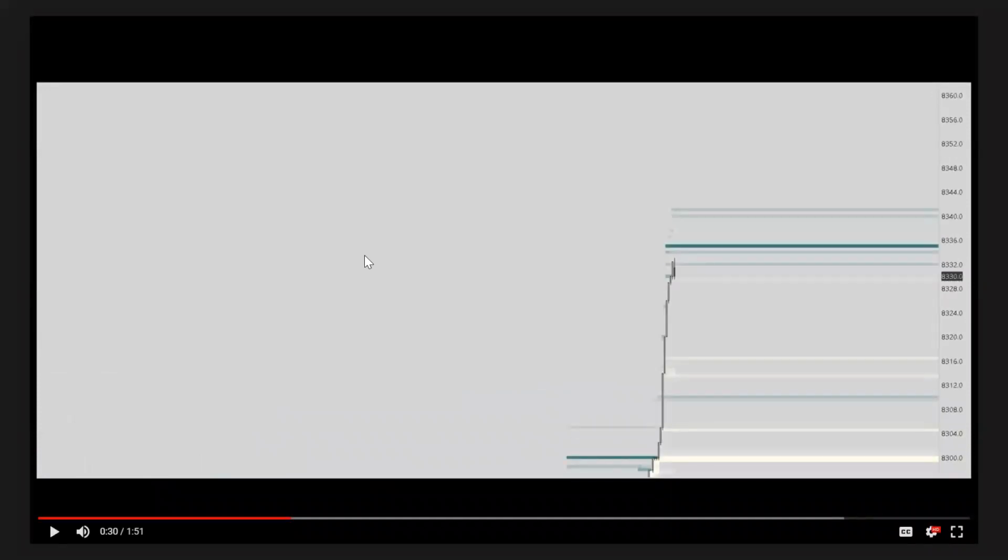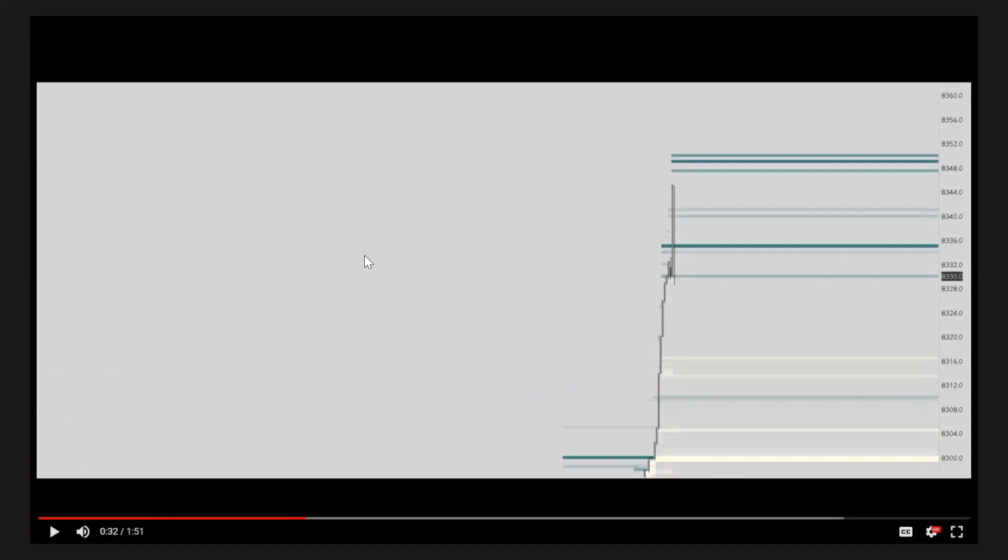Very illiquid move, and you can see that the 8316, 8312 area is the first price or range of prices at which bids are willing to step in. Bids are chasing price, but only up to that level, and above that you've got a void basically. And so when price pulls back, it wicks down to that area, and that's where it finds support.